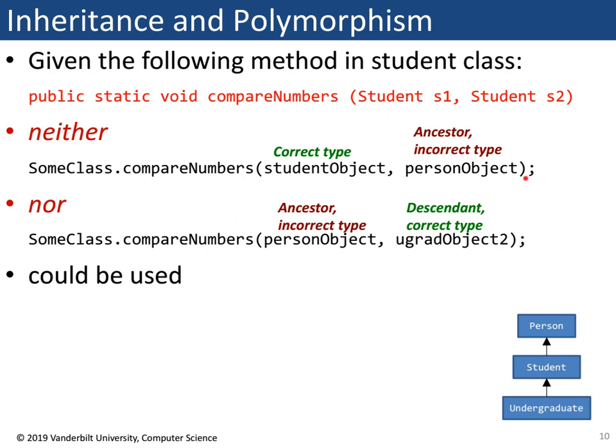Can't use ancestors when you're expecting a derived class. We can always use a derived class anytime we're expecting the ancestor, but you can't turn that the other way around. So anywhere that you expect to pass a person, you could pass a student or an undergraduate. But if you expect an undergraduate, you couldn't pass a person or a student. It has to be the undergraduate. This only works in one direction.